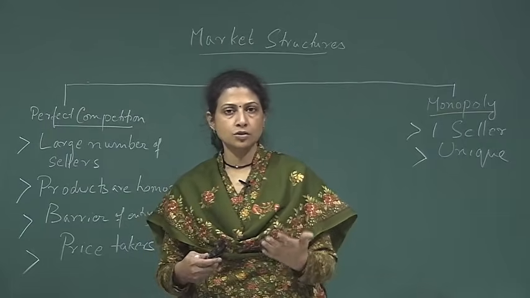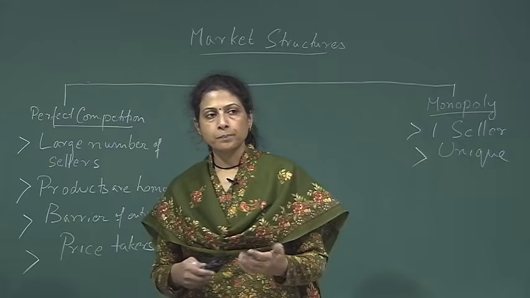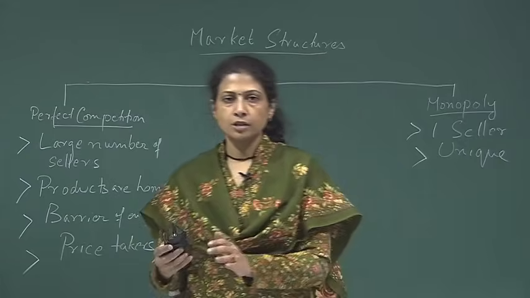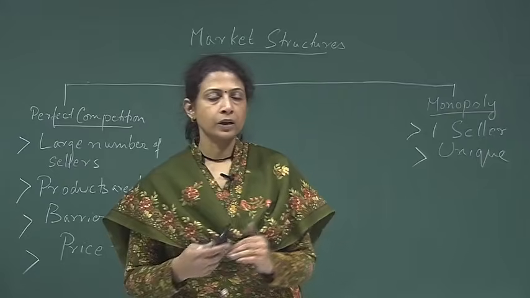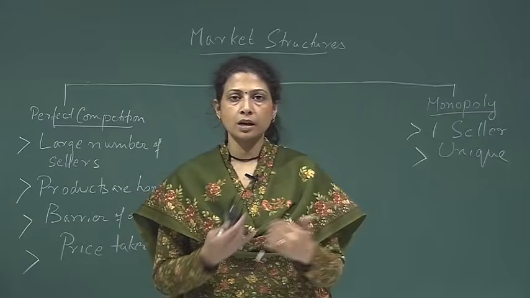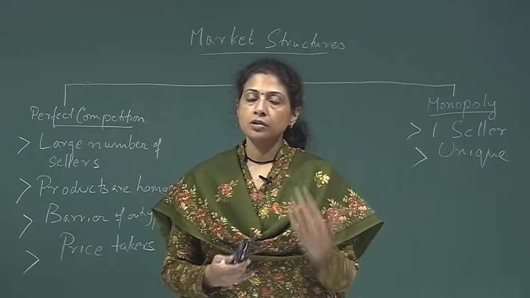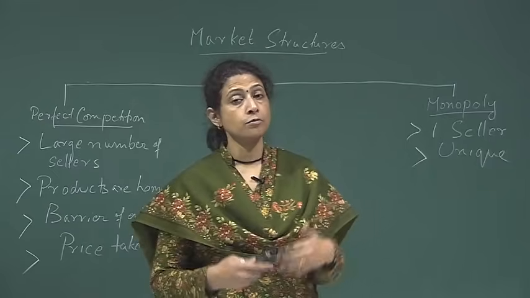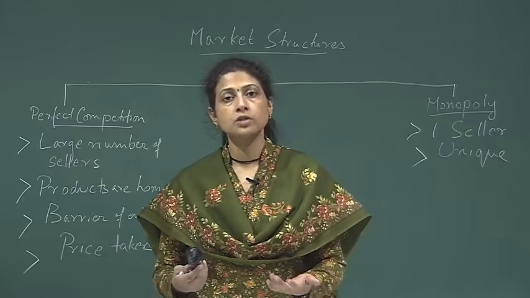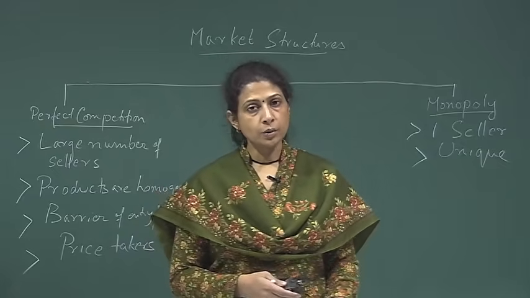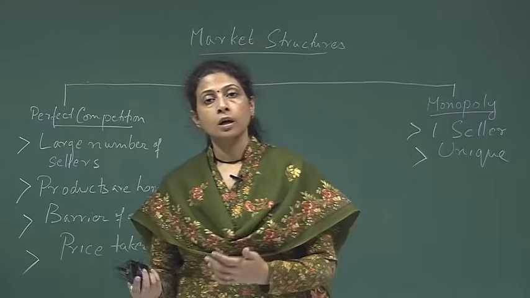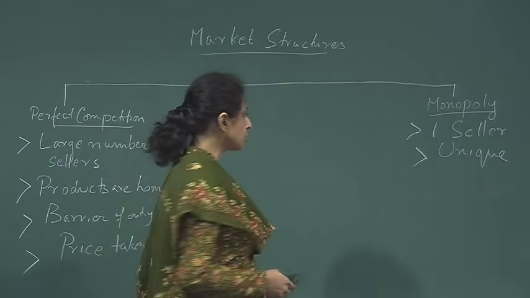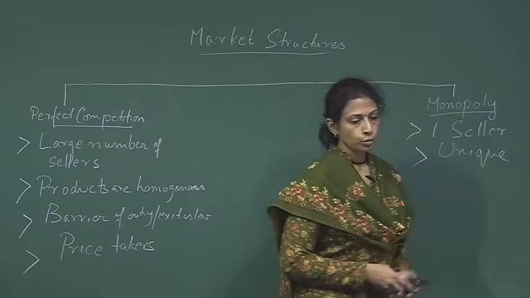That would be extremely costly and may not make sense actually. Again, we are going to discuss those in detail later. So basically the examples are patents which create barriers to entry, and natural barriers to entry because of very huge fixed cost, say in the case of railways or water supply or setting up of power plants, etc. So these are situations of monopoly.